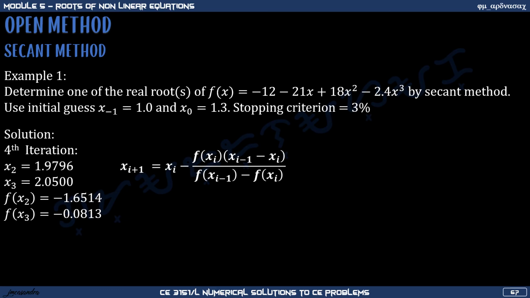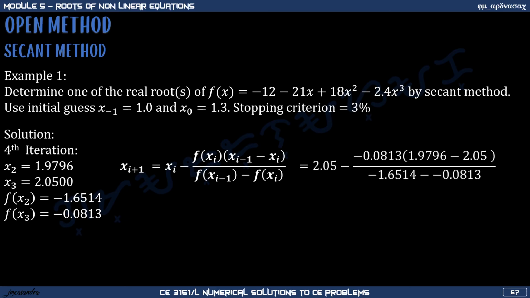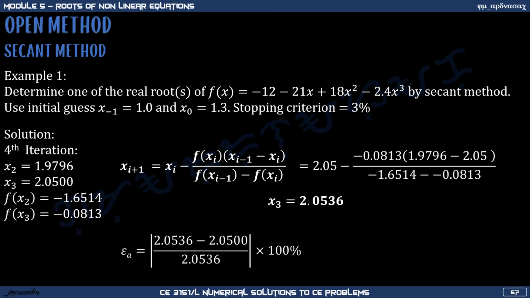So we'll have 2.05 minus negative 0.0813 times 1.9796 minus 2.05 divided by negative 1.6514 minus negative 0.0813. So we'll have x sub 4 equal to 2.0536. Computing now for the approximate relative error, we have 0.18%, which is less than our stopping criterion, so we can stop now with our iteration. So we terminate our solution.